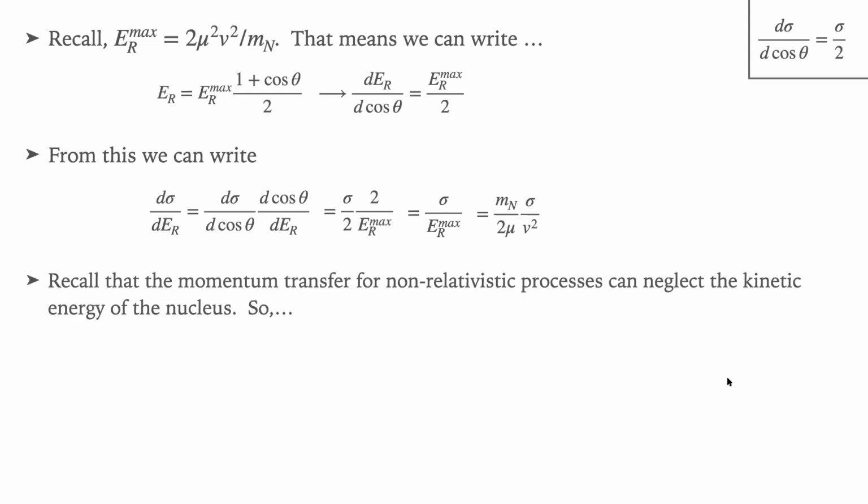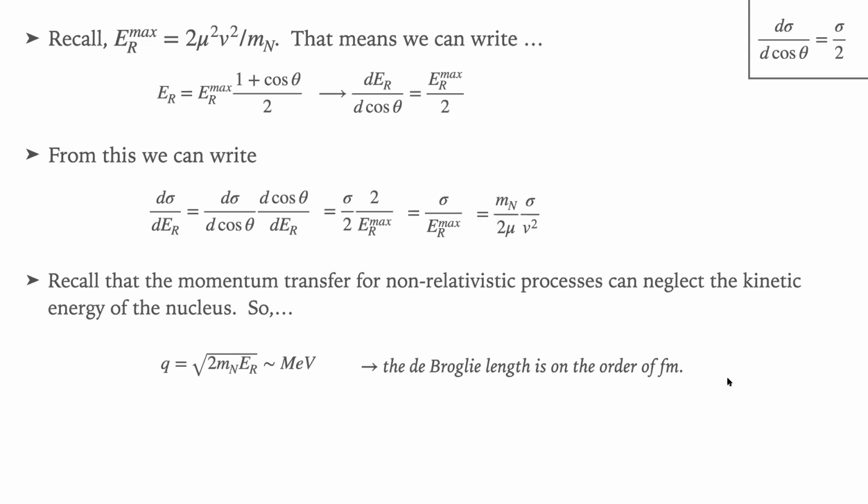Okay, with that expression in hand, we also want to recall that for non-relativistic processes the momentum transfer can neglect the kinetic energy of the nucleus. So our momentum transfer is equal to the square root of 2 times the mass of the nucleus times our recoiling energy.